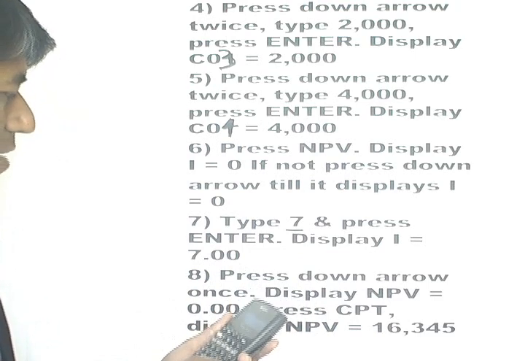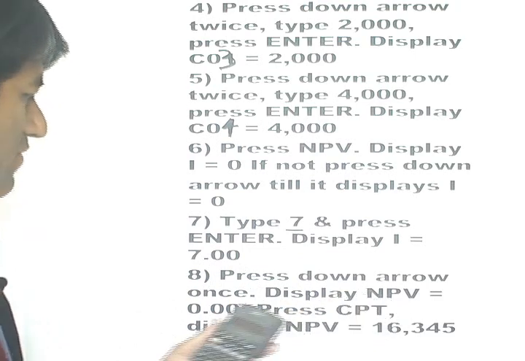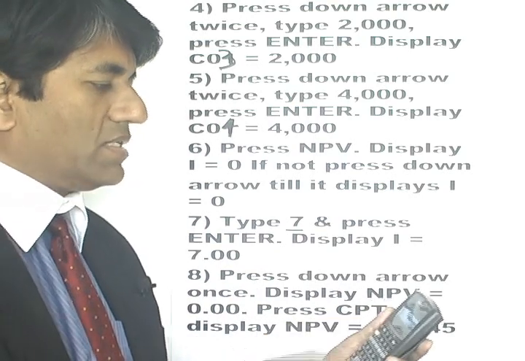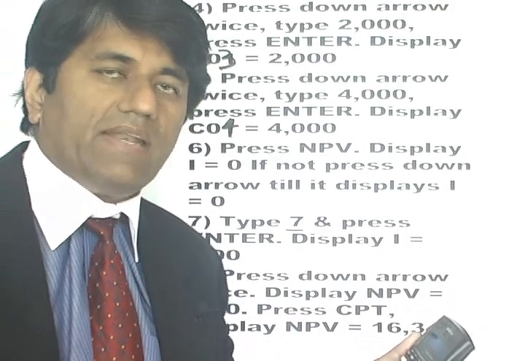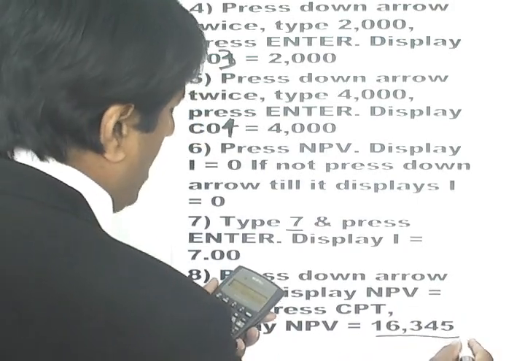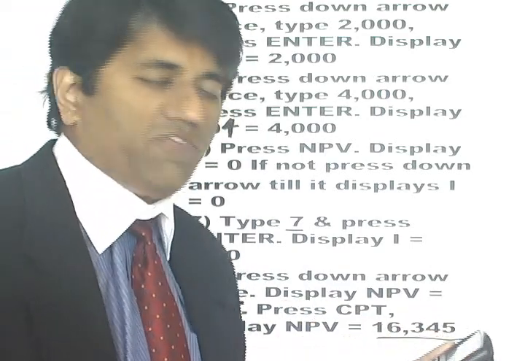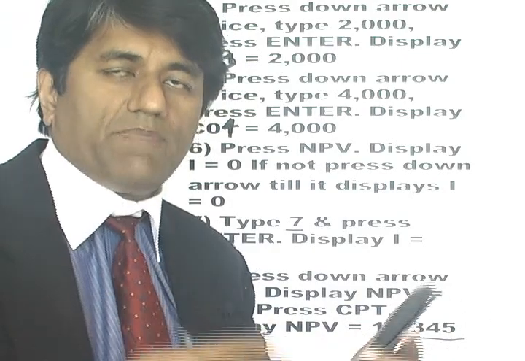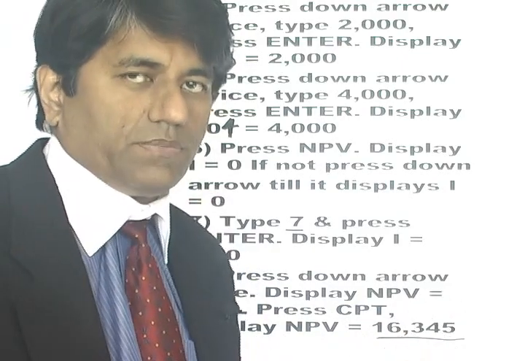Press the down arrow once. It'll display NPV equal to 0. Then press the compute button, and it will display NPV equal to 16,344.58. So basically it's giving you the net present value of all these cash flows.